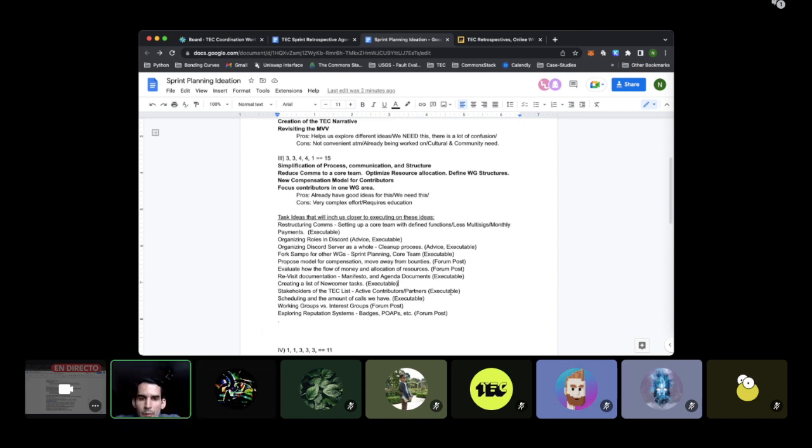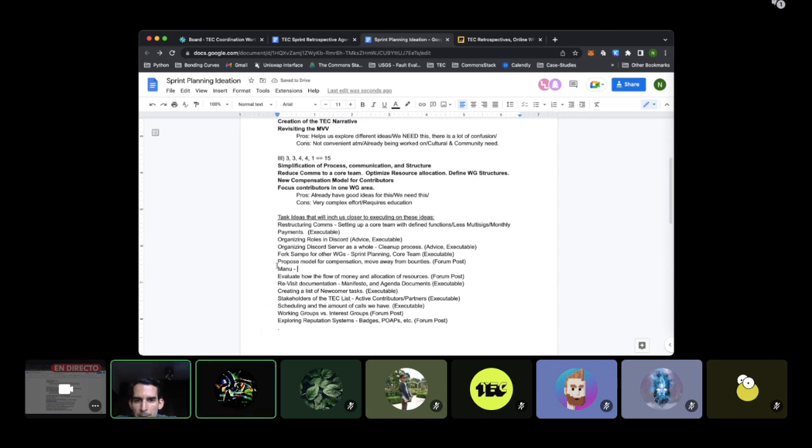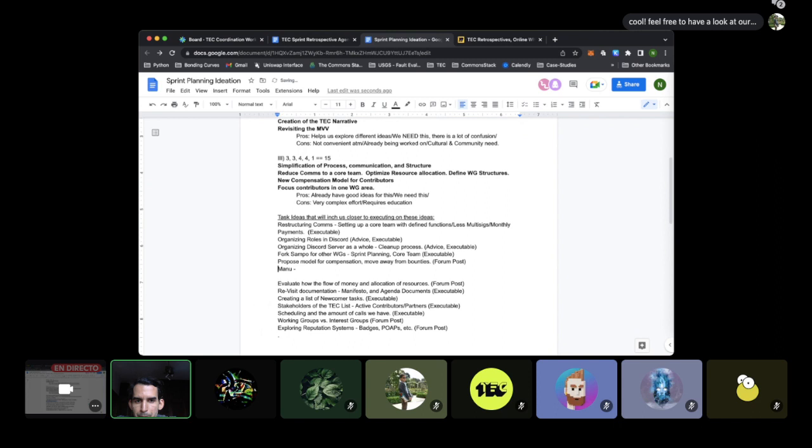Yeah, of course. The proposed model for compensation away from bounties, and evaluate how the flow of money and allocation of resources. I think I could cover both in a forum post. So okay, this one's the first one, and so what is the forum post going to be on? Give me some details on exactly what you plan on putting forward.